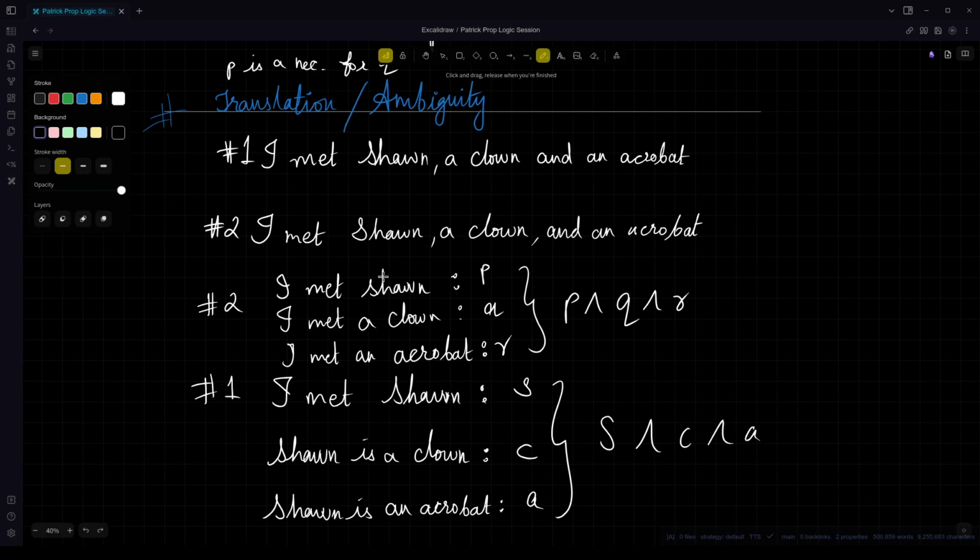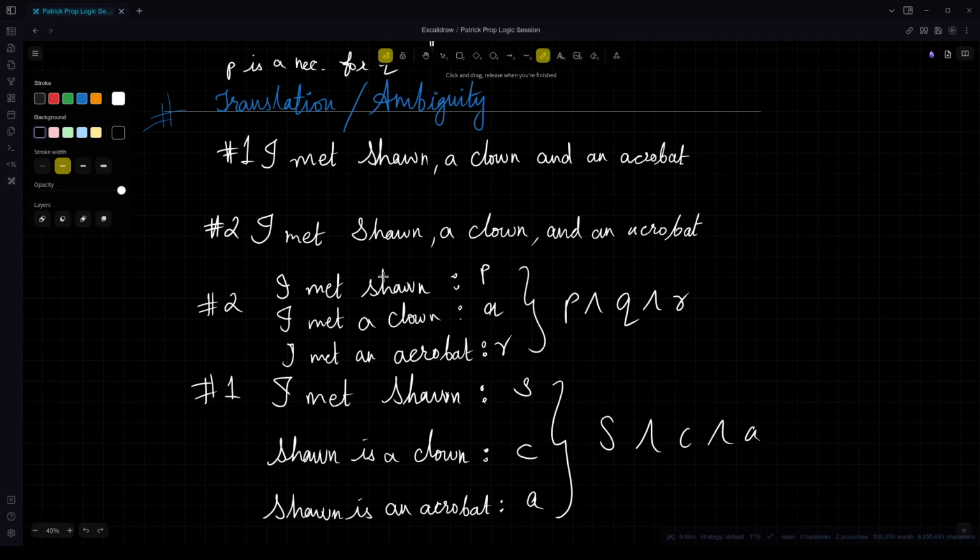And more importantly, when we are talking in English, we don't talk with commas and periods and all of that, right? Like when I say "I met Sean, a clown and an acrobat," it's not very clear what I mean. Do I mean the first statement or the second statement? If I mean the first statement but you interpret it as the second, that's going to be a problem, because I haven't been explicit about whether I met one person or three people.